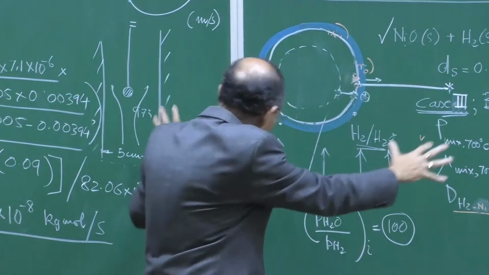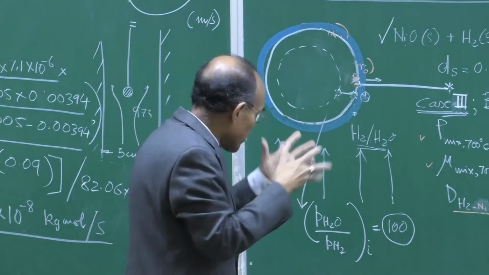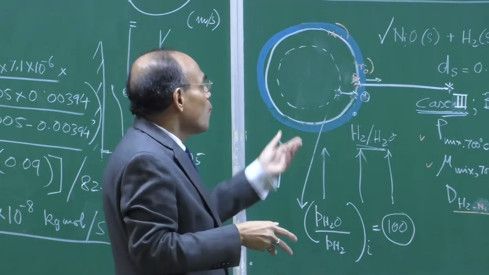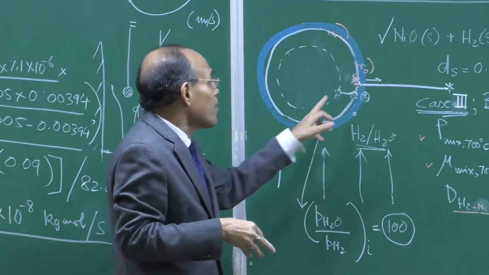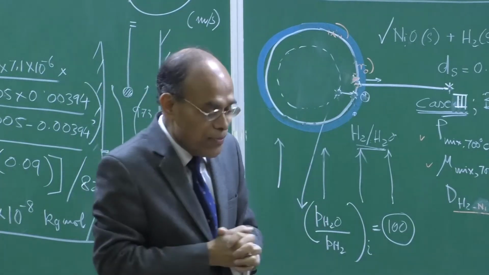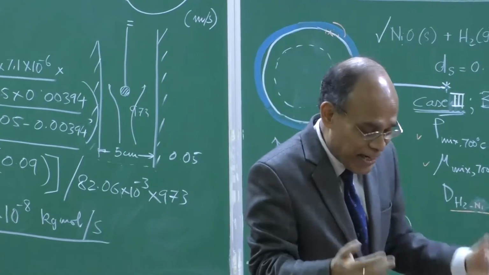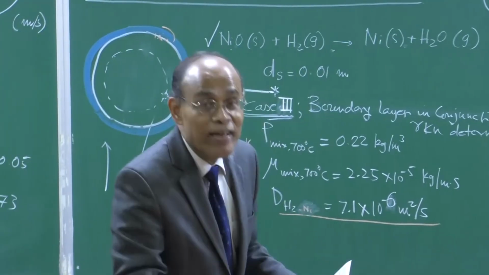Given all the data that we are given here, you should calculate the rate of reduction when the boundary layer rate constant and the chemical reaction rate constant are approximately of similar order of magnitude or identical value. Under that case, how can you calculate the rate of the reduction? That will be outlined in the next lecture.